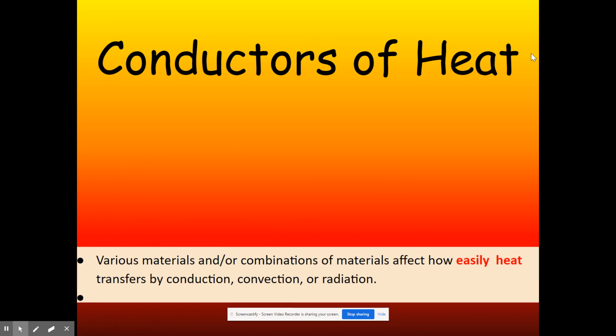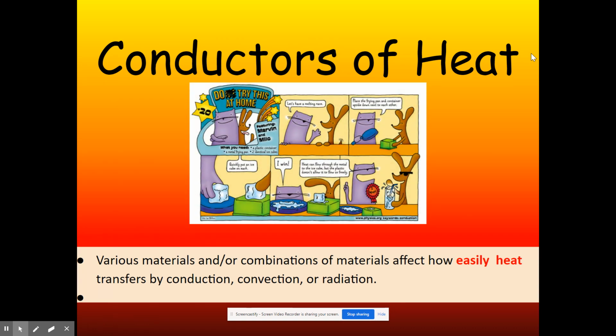So anyway, when we're talking about how heat is transferred through materials, you guys already know this, but there are 2 types of materials: those that transfer heat, and insulators, which don't. Those are conductors and insulators. I'll give you a second to look at that little comic.